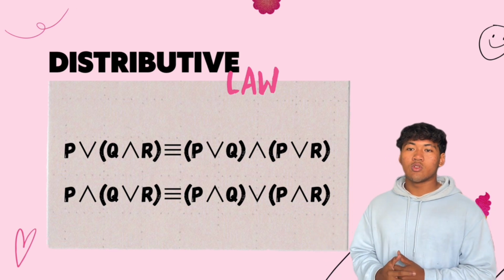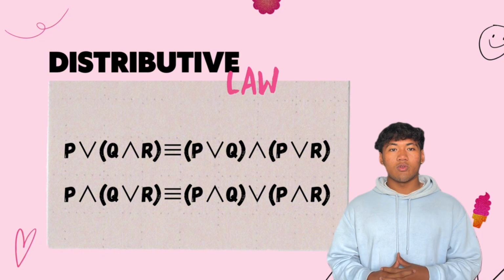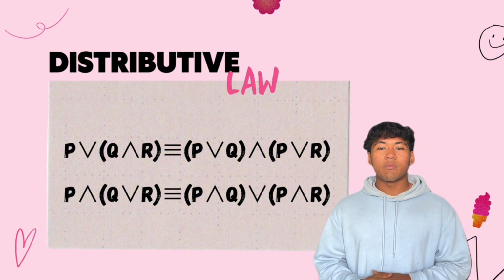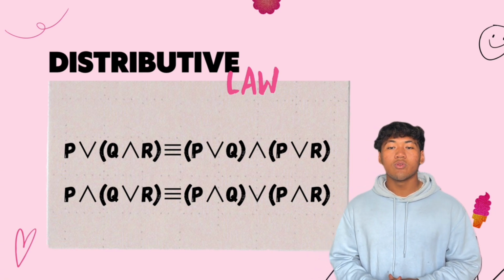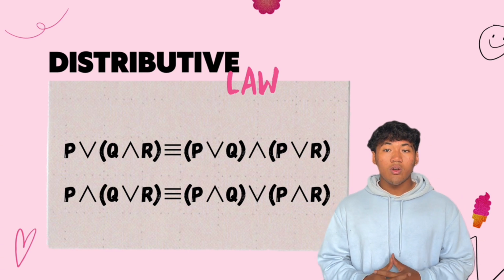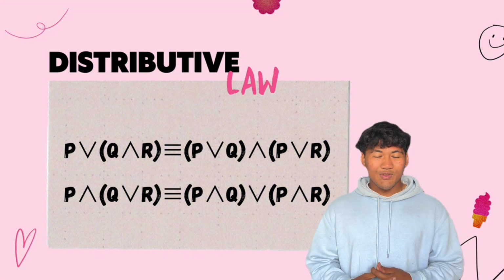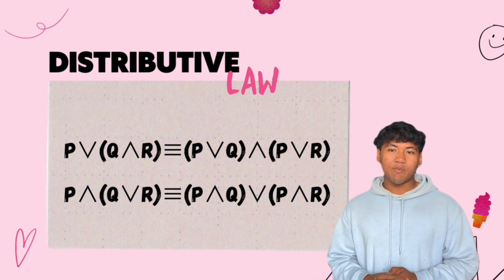In the distributive law we expand the variable to simplify with another law. For example, P or open bracket Q and R close bracket equals open bracket P or Q close bracket and open bracket P or R close bracket. We just expand the variables.